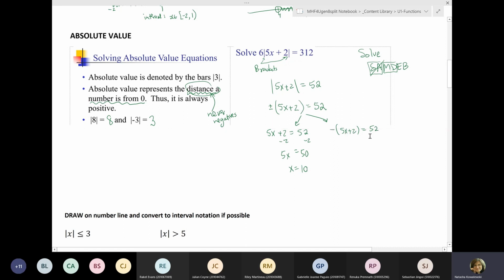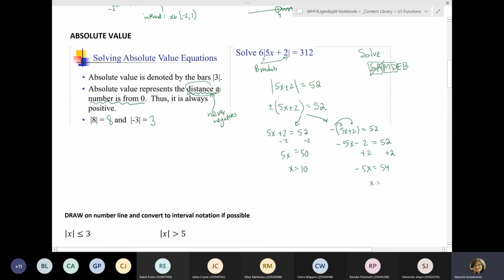What do you want to do? Distribute the negative or divide by negative? Many choices. Just tell me. Distribute the negative. Sure. So negative 5x minus 2. Then add 2. Or not 2, no, I put 5 by accident. That could have been a point for someone if you were quick. 54. And then dividing by 5.